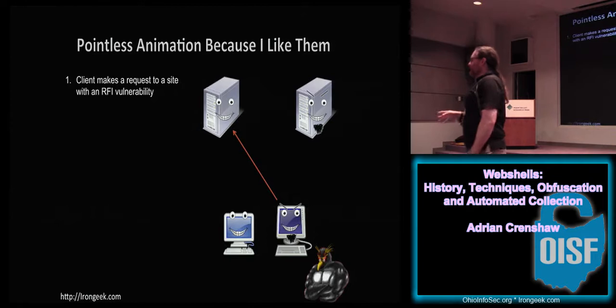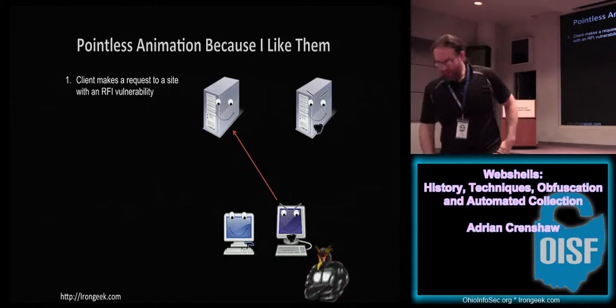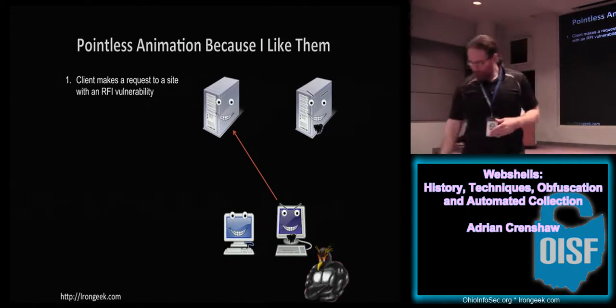Now, I like pointless animation, so I'm going to illustrate how remote file includes work. This is one of the things I've been tracking on my website, and it's the core way that a lot of people seem to be using web shells. You have a client that makes a request for a site that's vulnerable to RFI.